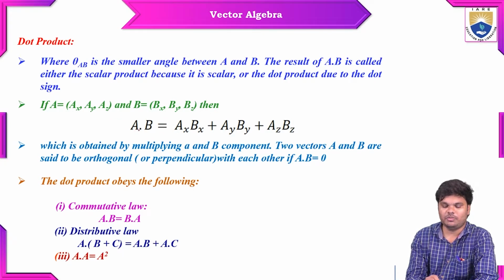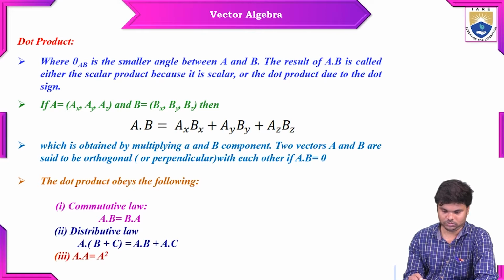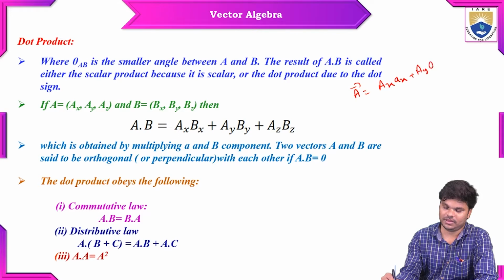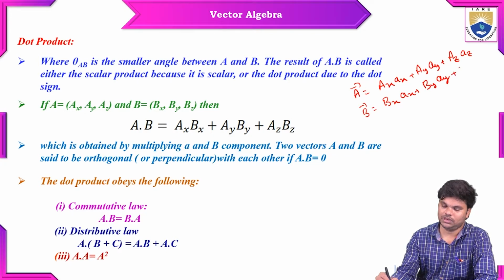Then what is the dot product? The dot product A dot B is ax bx plus ay by plus az bz. Why is it like that? Here, A bar is ax plus ay plus az, and B bar is bx plus by plus bz.